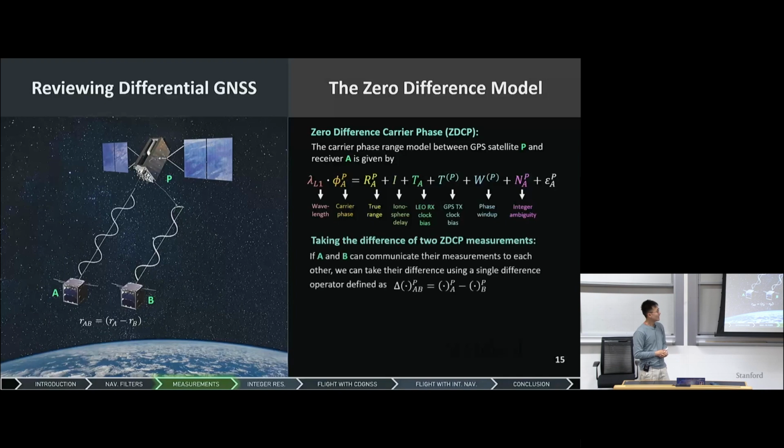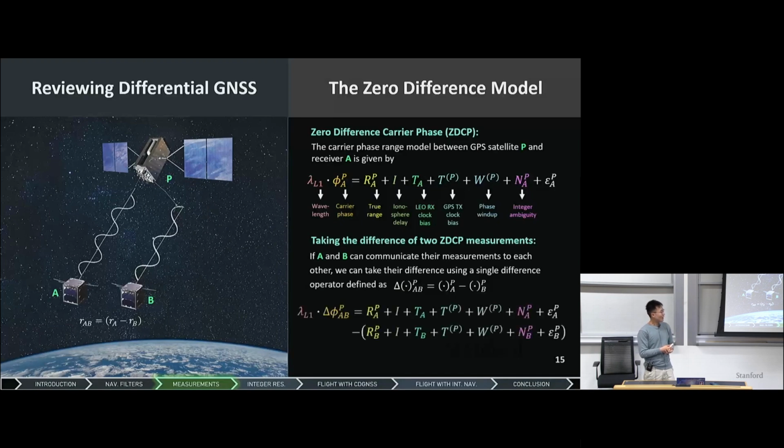Okay. And here's something that's very interesting that geodesists found out a long time ago when they were doing land surveys. If you take the difference of two, we call them zero difference carrier phase measurements, if you take the difference between two measurements, actually some of those error sources are highly correlated.